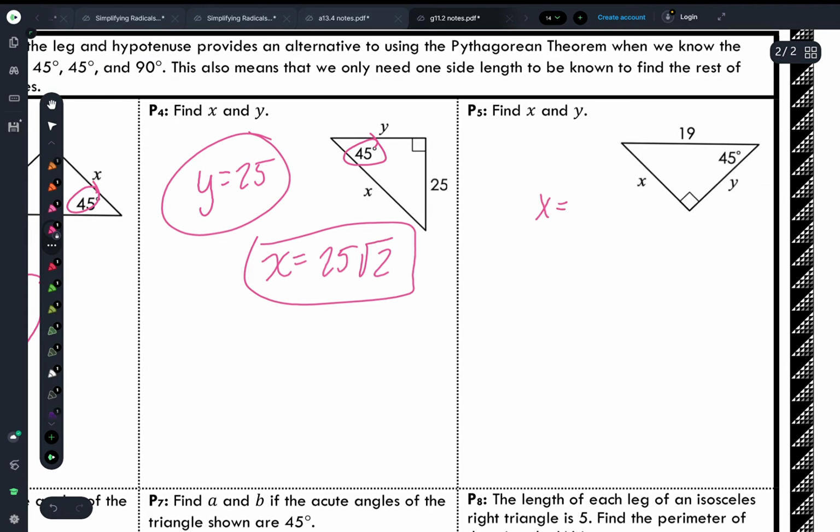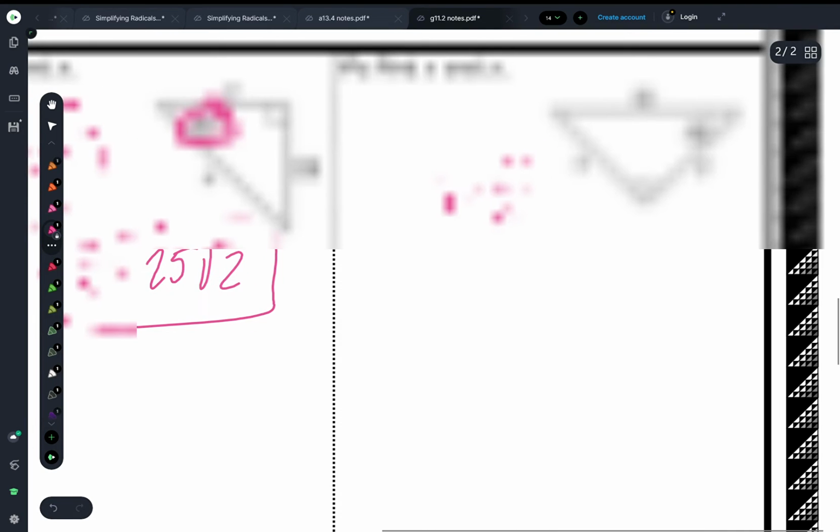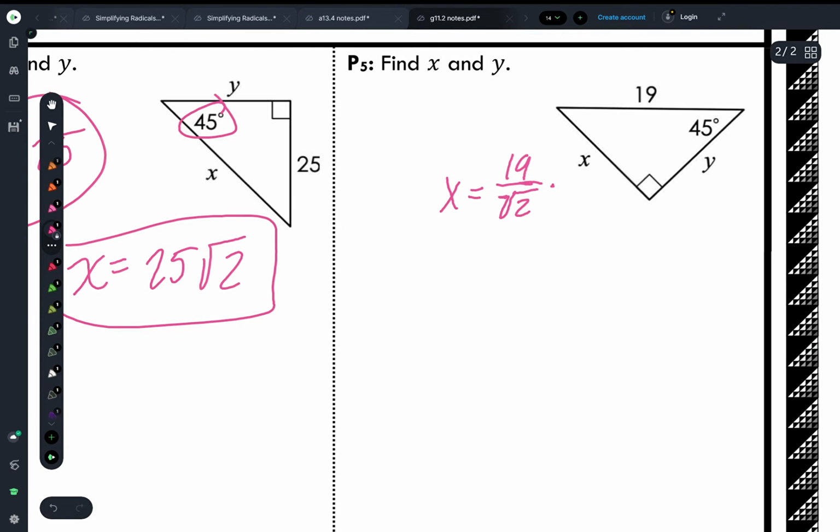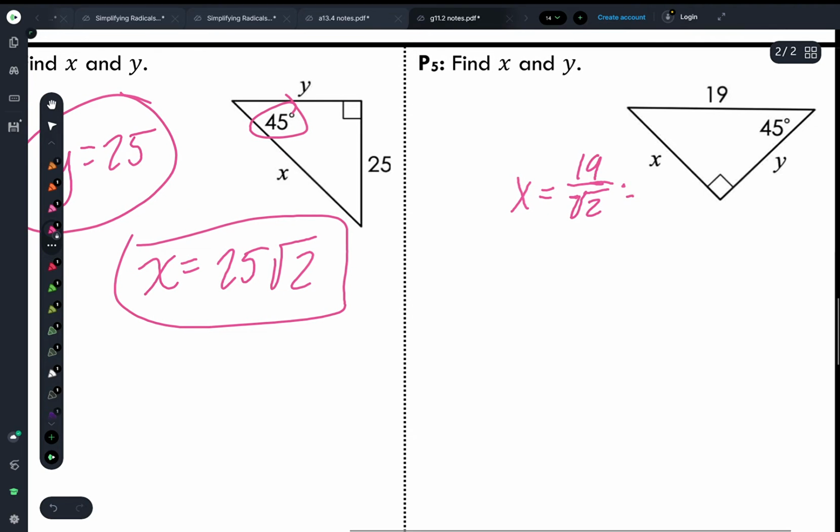So 19, we're going to take that and divide by the square root of 2. But if we remember from our simplifying radicals lesson, we can't keep a square root in the denominator, so we have to rationalize it by multiplying the top and bottom by the square root of 2. So up the top, these just become 19 square roots of 2.